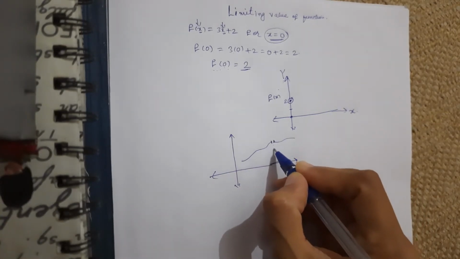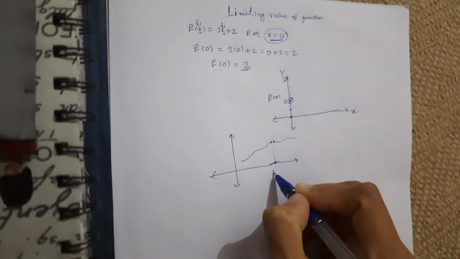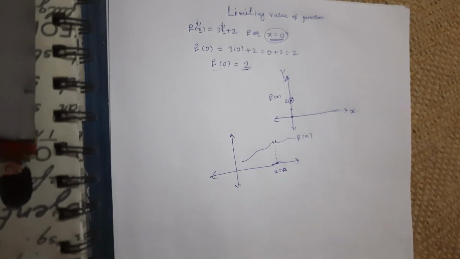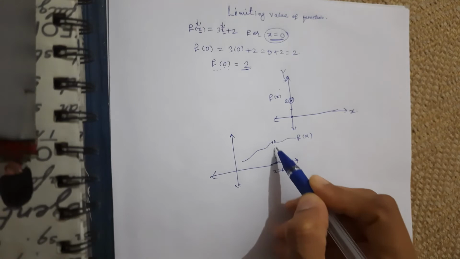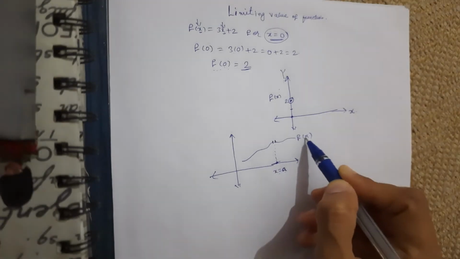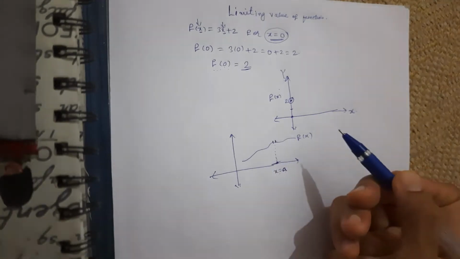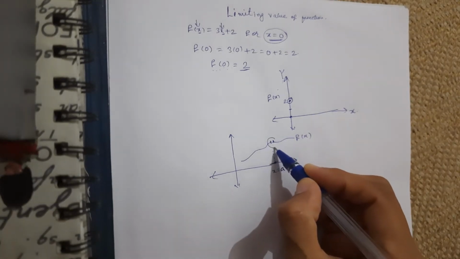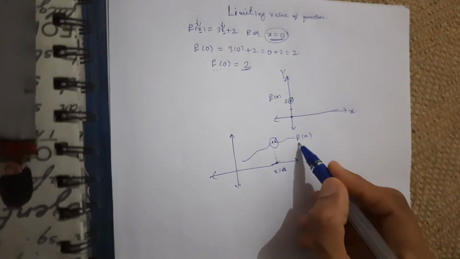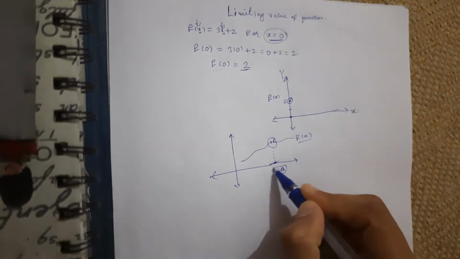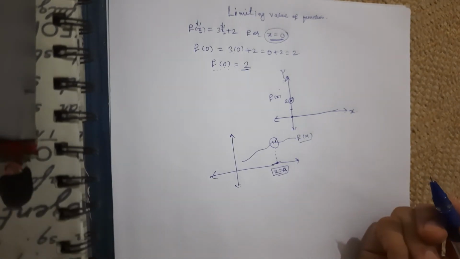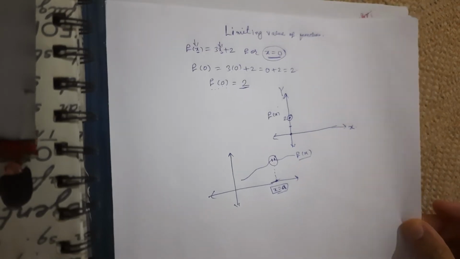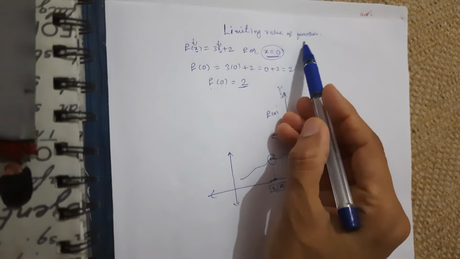At exactly this point, x equal to a, this f of x does not exist. It is not there at all. So when the value of the function does not exist for a particular given value of x, at that time we are going to find the limiting value of the function.